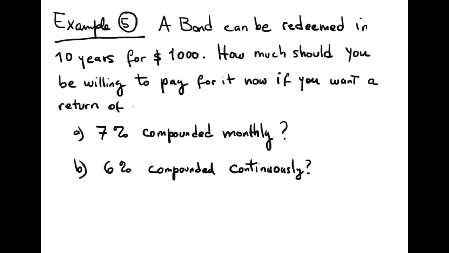Okay, number 5 example. A bond can be redeemed in 10 years for $1,000. How much should you be willing to pay for it now if you want a return of 7% compounded monthly? That is the first question, and then 6% compounded continuously.